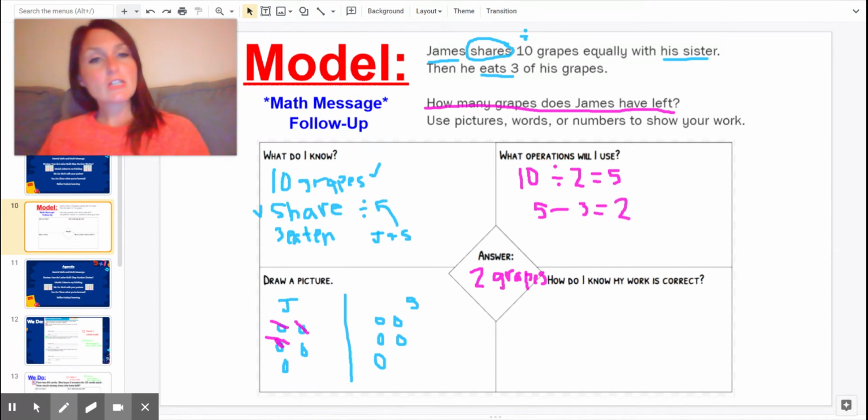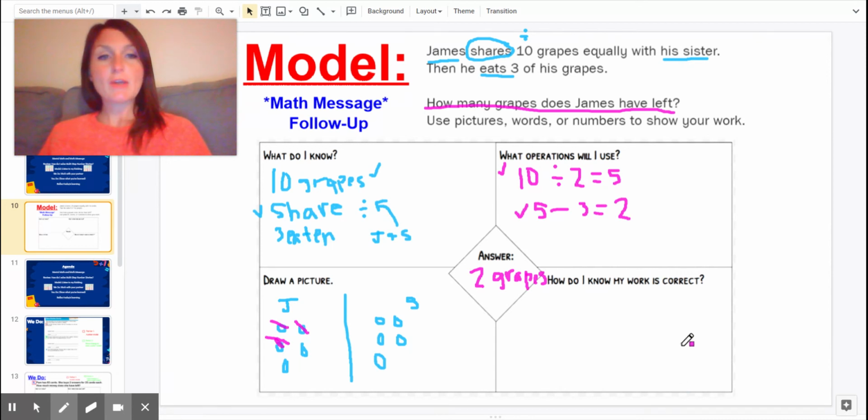Okay, so when I look at this, do I have one operation? Yes. Do I have another operation? Yes. Okay, is there anything else that I did to help solve this? No, so that's all I had to have here for my multi-step number.